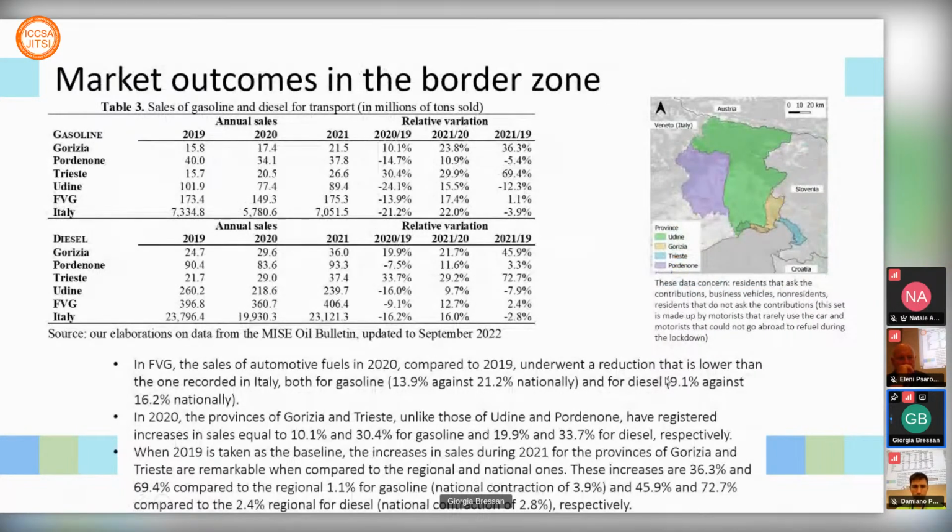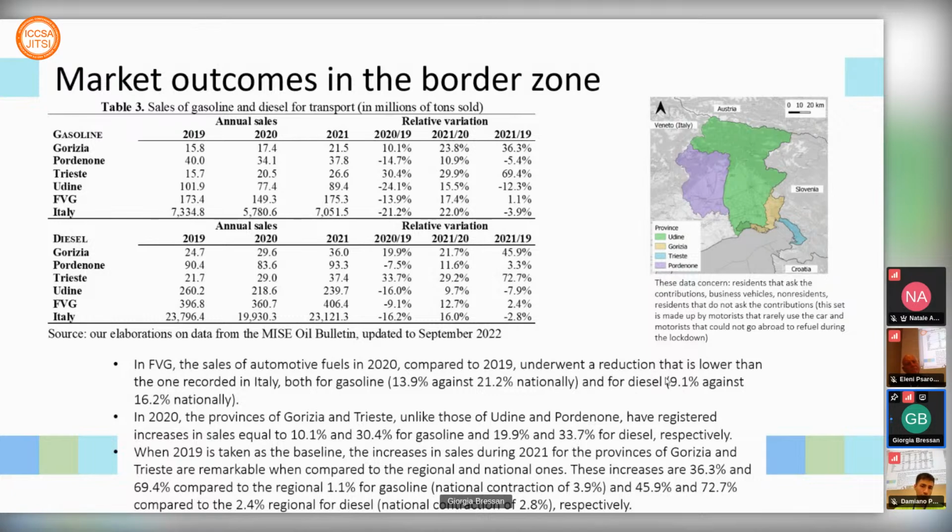The other data that we want to present are those from the ministerial bulletin. Here we can see that data are disaggregated according to the province level.